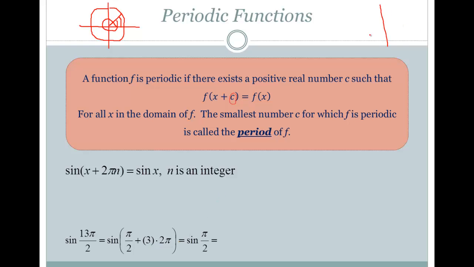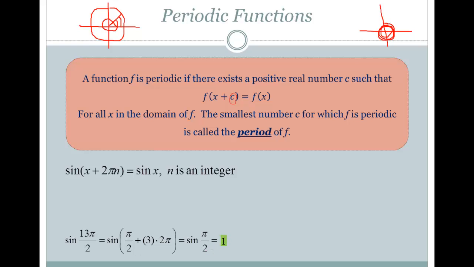In other words, to get to 13 pi over 2, I'm going to go around the circle 3 times. Once, that's 2 pi, that's 4 pi, that's 6 pi, and then I go one more, that's going to be 13 pi over 2. So I just went around 3 extra times, and that's the same as pi over 2, and we know what the sine of pi over 2 is.